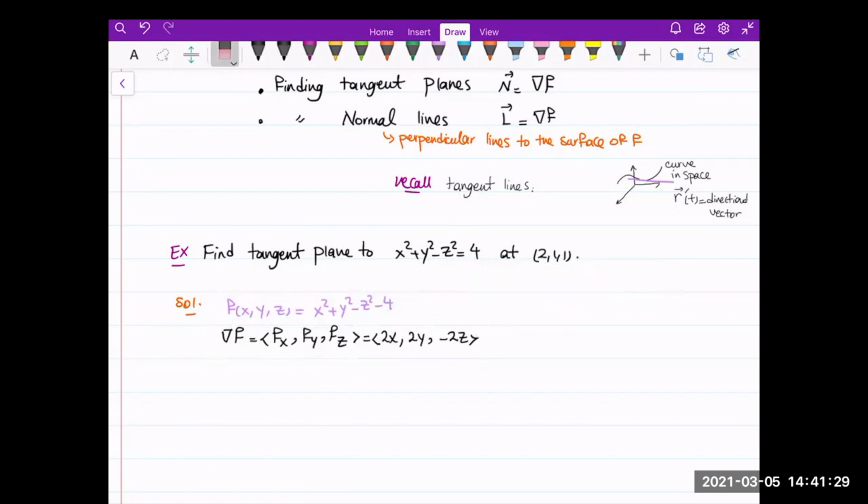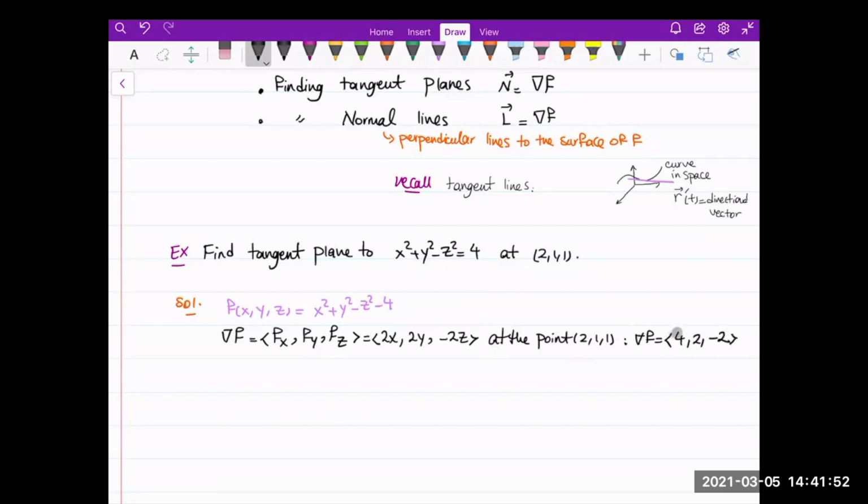That's the gradient at the point 2, 1, 1. Gradient vector of f: plug in 2 in here, I get 4. Plug in 1 in here, I get 2 and negative 2. So 4, 2, negative 2.